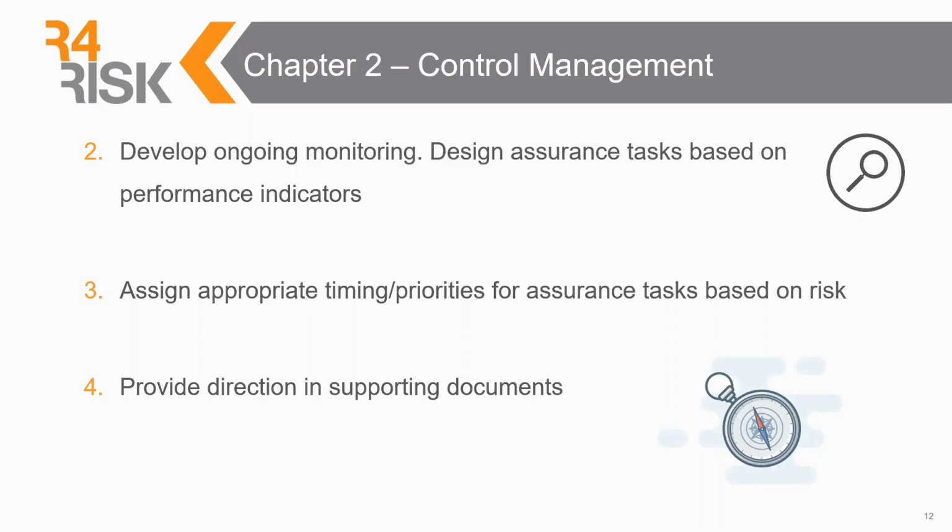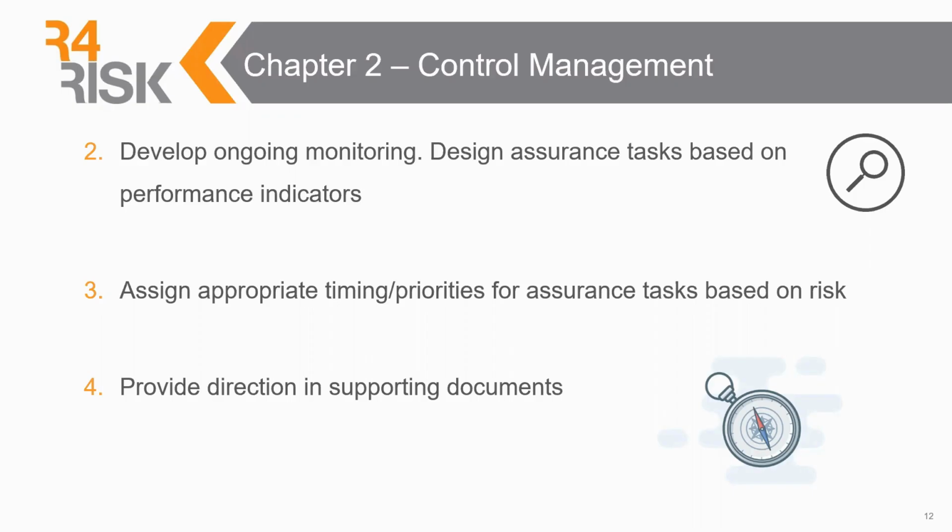We then need to assign appropriate timing and priorities to these assurance tasks, and again, based on risk. So of course, we want to do more frequent assurance on the least reliable controls and also on our highest risk scenarios.